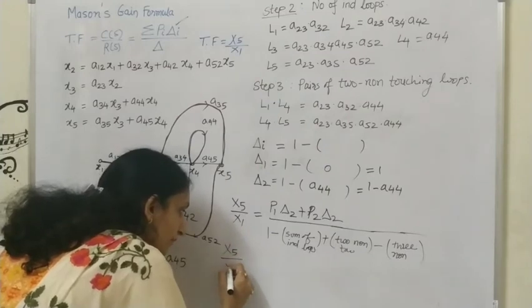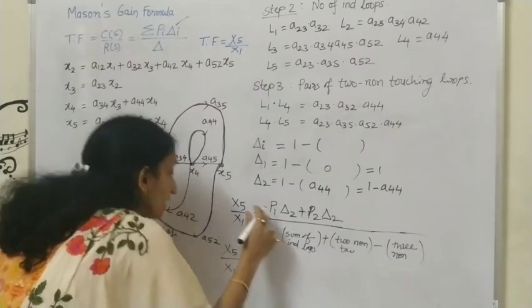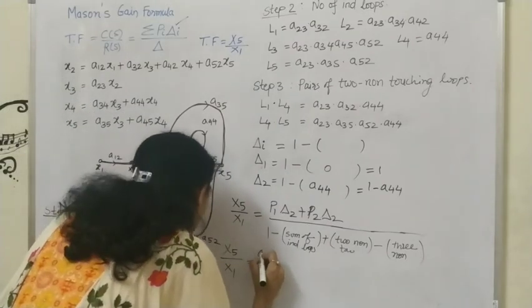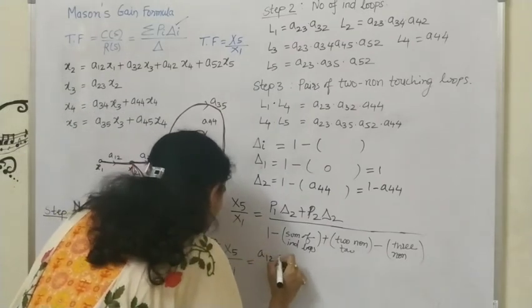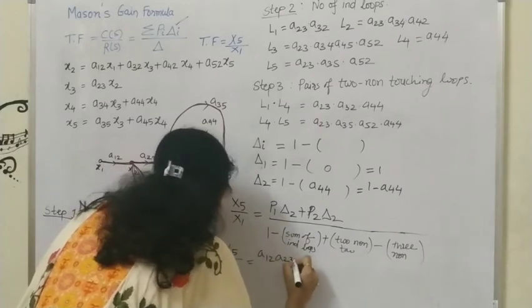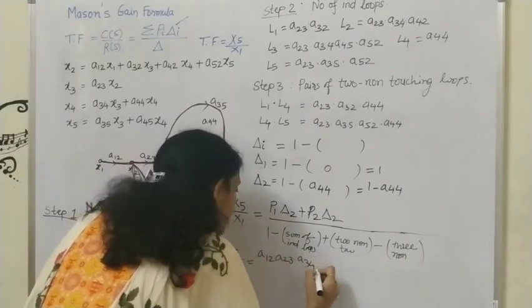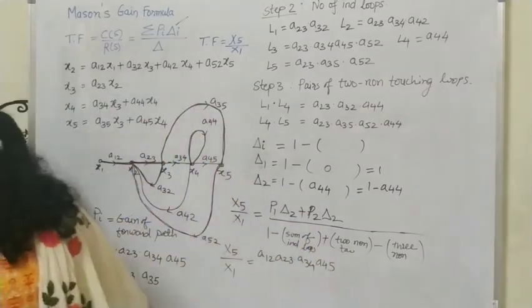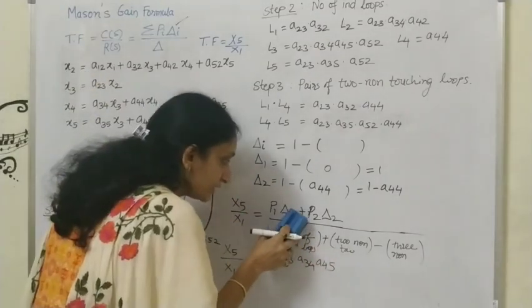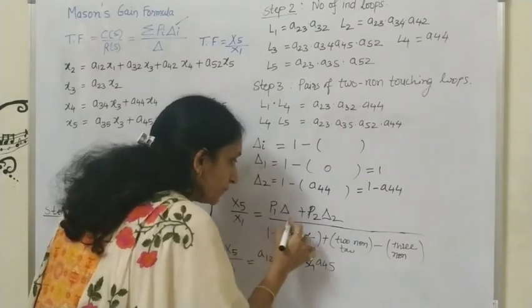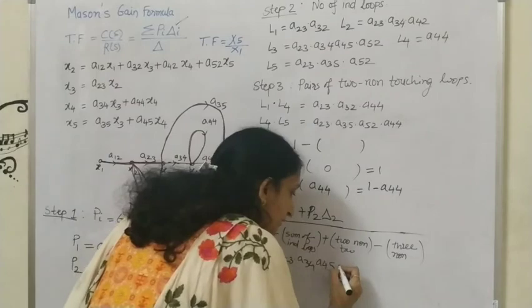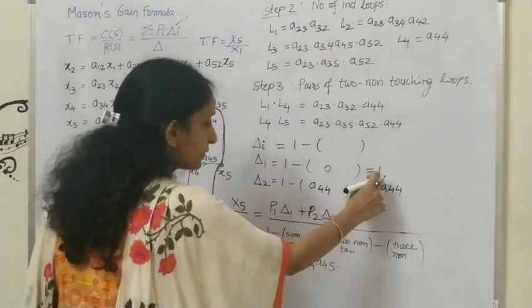x5 upon x1 is equal to, look at this, what is P1? P1 is this. I will directly put a12, a23, a34, a45 into, see, I have written here delta 2, it should be P1 delta 1. So multiply it with delta 1, and delta 1 is equal to 1.